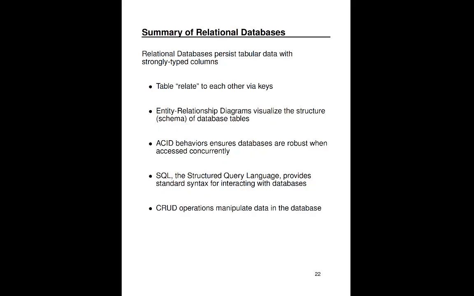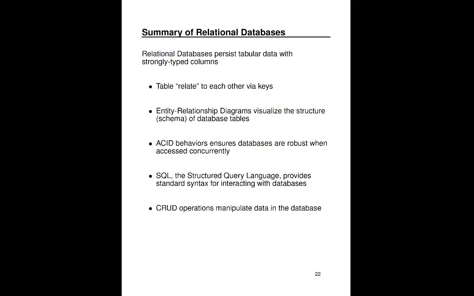What makes the databases relational is that the tables relate to each other via keys. So there are primary keys that uniquely identify a row, and then there are foreign keys that reference a row in another table. The database schemas, the structure of the databases, can get complex, and so entity relationship diagrams, ERDs, represent that very well and make a nice communication tool.